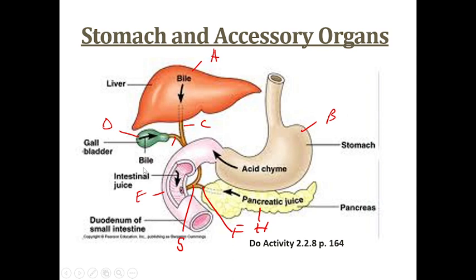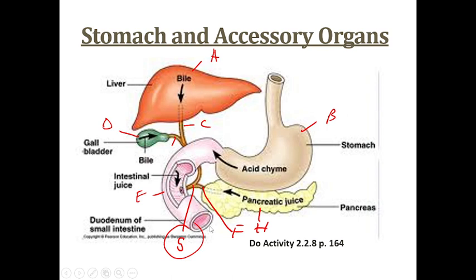The pancreatic duct. G, the hepatopancreatic duct. H, this one is the pancreas. Then the real questions follow.